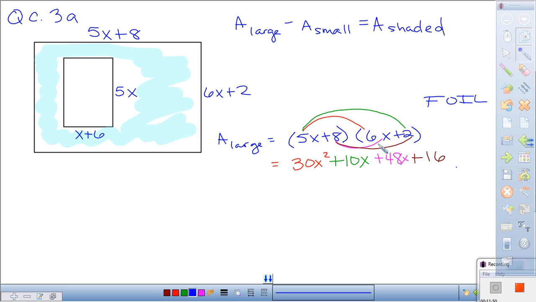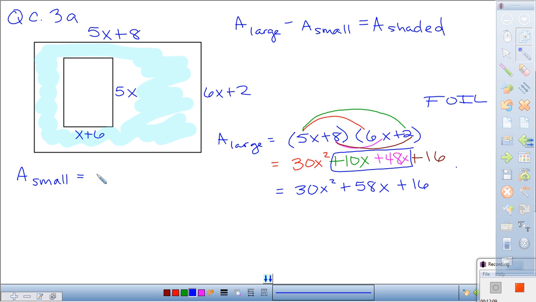Again, we need to see if we can simplify. We can. We have these like terms here that we need to combine. So we end up with 30x squared plus 10x plus 48x, 58x plus 16. That's the area of our large rectangle. Now we need to find the area of our small rectangle.